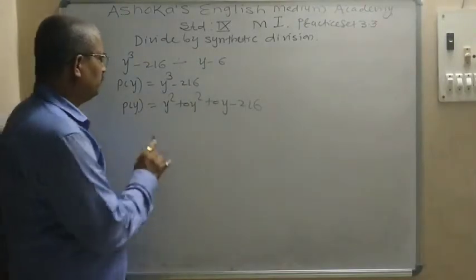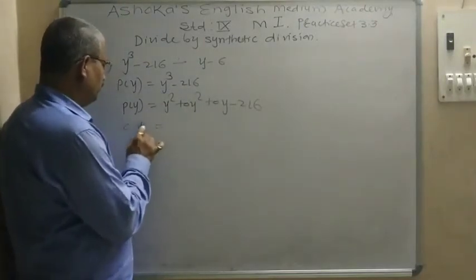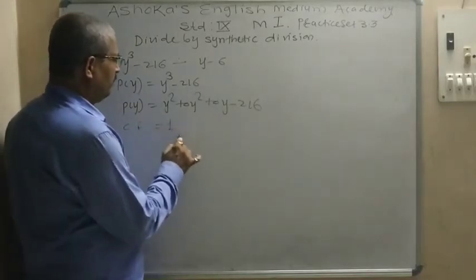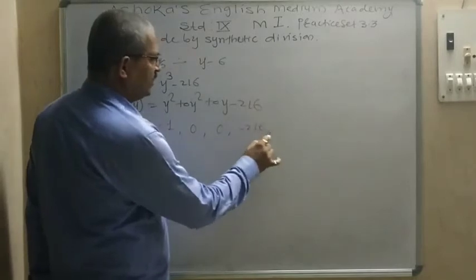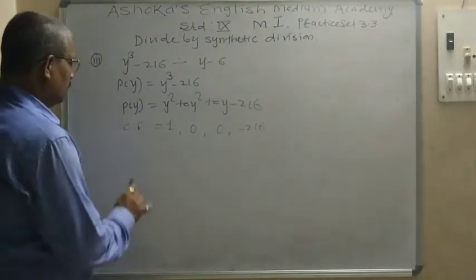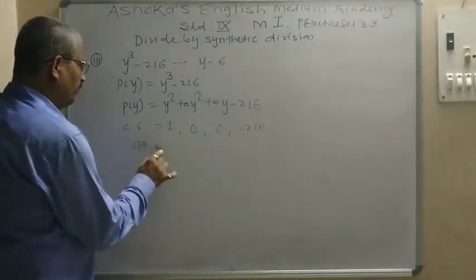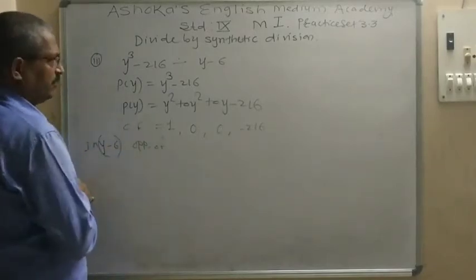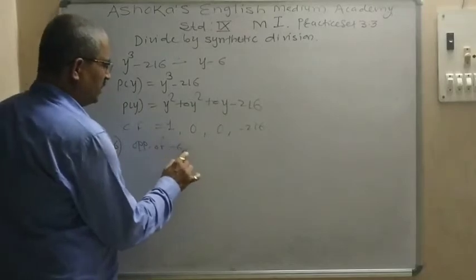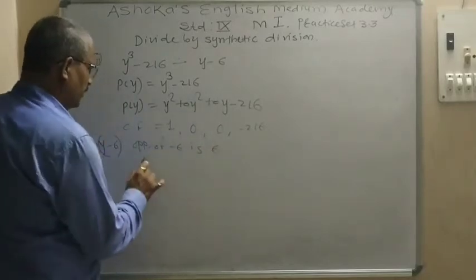Now what will you do? Coefficient form 1, 0, 0, minus 216. Opposite of, in y minus 6, opposite of minus 6 is 6.